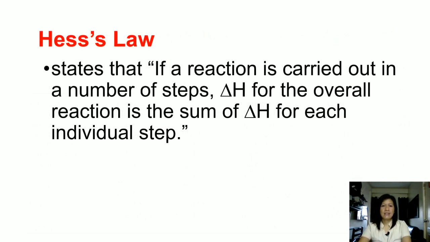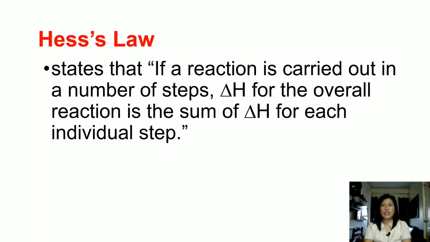Let's have Hess's law. The law states that if a reaction is carried out in a number of steps, the enthalpy of the reaction, or for the overall reaction, is the sum of the enthalpy of reaction for each individual step.